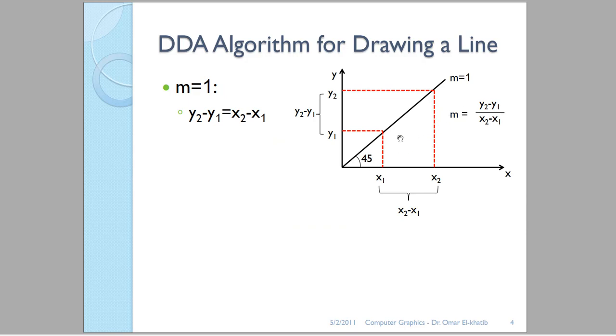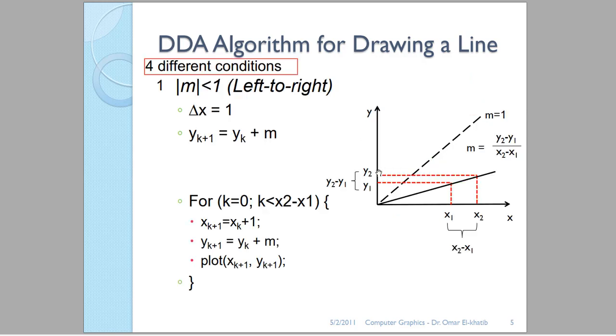This is because the distance between x2 and x1 is the same as the difference between y2 and y1. That gives us m equal to 1, which is a perfect 45-degree angle between x and y. Then we have four different conditions. Although we have only two possibilities, m less than 1 and m greater than 1, we also consider whether we draw a line from left to right or from right to left.